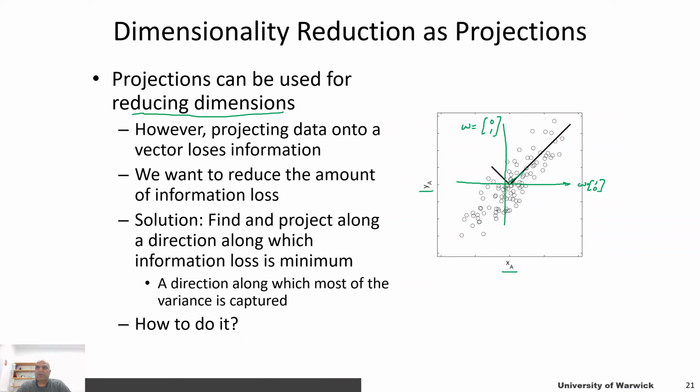First of all, we need to specify what this direction is, and that's pretty easy to do. We can take any point along this vector, let's say 1, 1, and since we want to specify the direction only, we divide this vector by its norm, which is square root of 2. This means the direction vector is going to be 1 over square root of 2 and 1 over square root of 2. So this specifies the direction along this particular line.